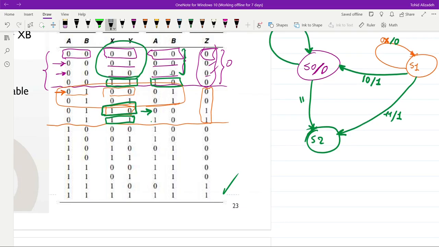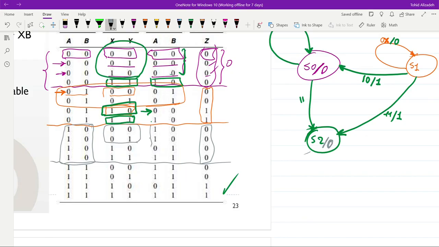Let's have a look at the next 4 rows. If we are in state 1, 0, which is S2 here, you can see that the output is equal to 0 all the time, so we can show it here. For the first two inputs, we will remain at the same state, 1, 0.